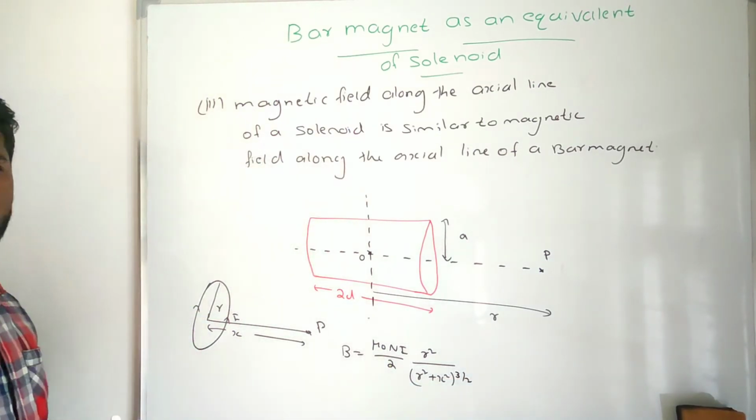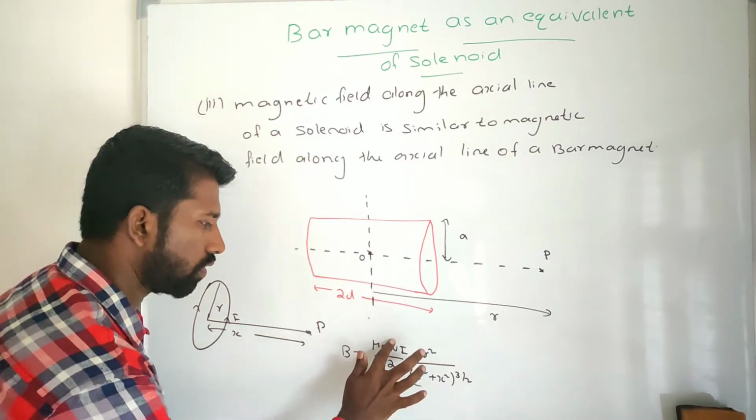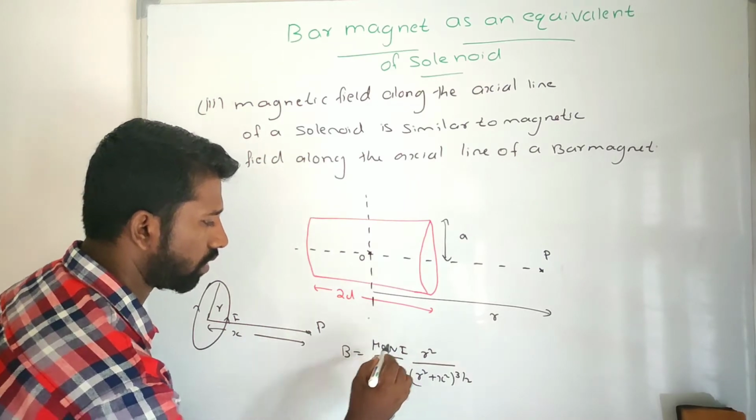This is the magnetic field on the axis of a circular coil of N turns.